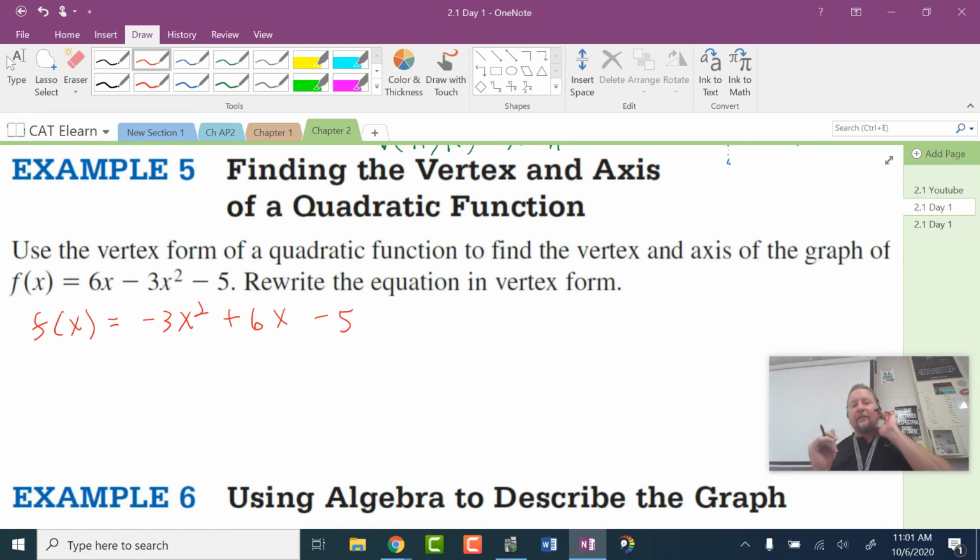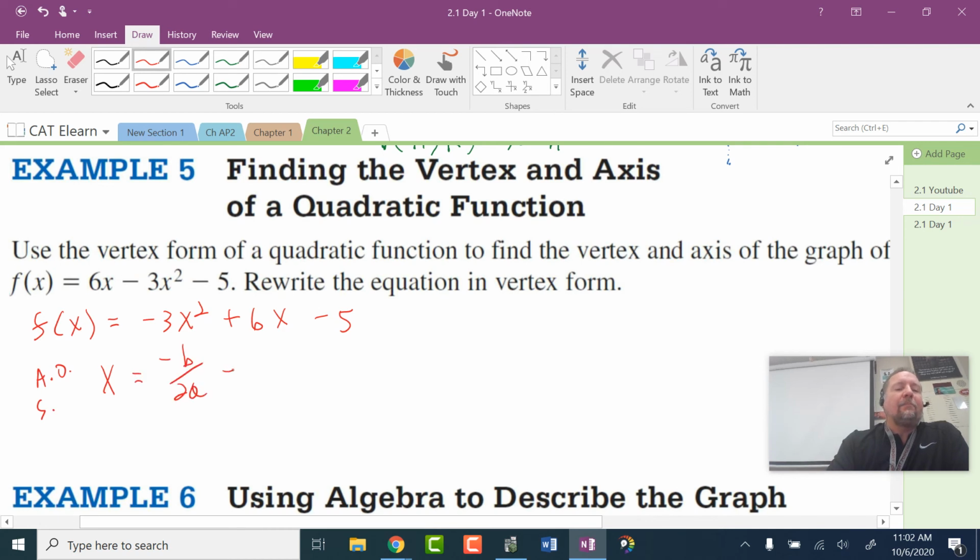How do I find the vertex when I'm in standard form? Hint, hint, I gave you a magic formula. That's why I warned you to write your notes down. What's the magic formula to find the x coordinate of the vertex, or the axis of symmetry? So we're going to do the axis of symmetry, and x equals negative b over 2a.